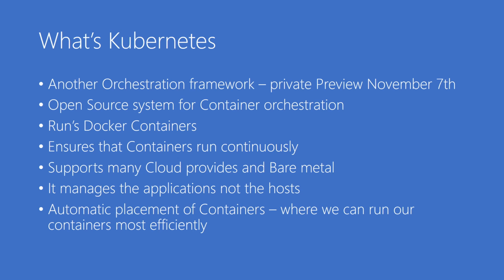It's an open source system for container orchestration, and it runs Docker containers. Now it's similar to DCOS, where it ensures that containers run continuously, and it can be run on cloud or on bare metal. The automatic placement of containers where we can run our containers most efficiently is, again, another feature similar to DCOS.